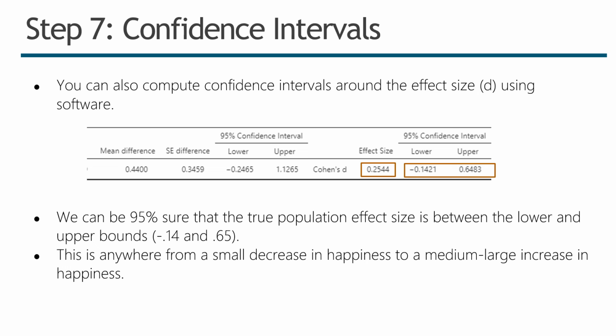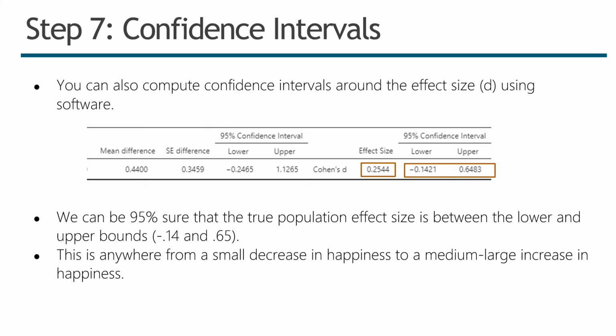Your statistics program might also provide confidence intervals around the effect size, which are also really helpful in interpreting the precision of the estimate. You can't do these by hand, so if the computer program that you're using doesn't provide them, you could use a different online calculator to obtain this. Right. So in this case, our effect size was 0.25. Our lower bound was negative 0.14 with an upper bound of 0.65.